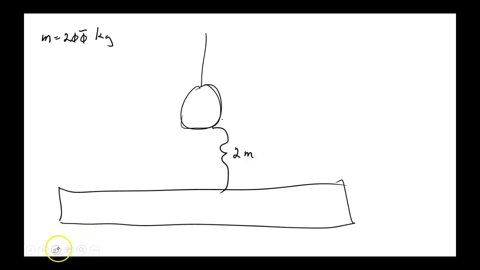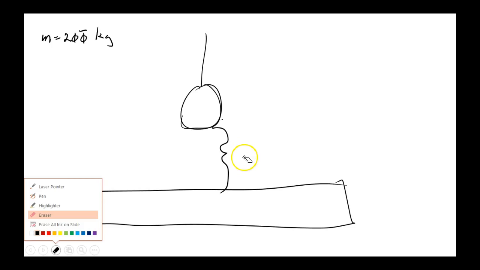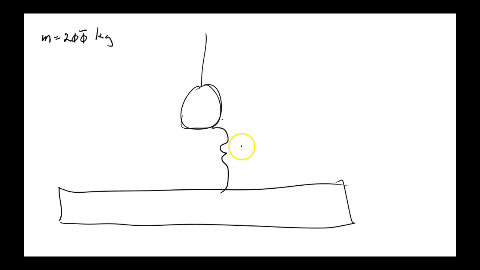I can't read. 200 kilograms, but 4. The height is 4.00 meters above the concrete platform. Okay? Whose top is 2 meters above the ground. So here's the ground down here. So this is 2.00 meters here.